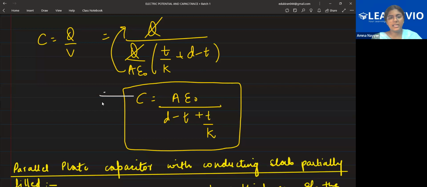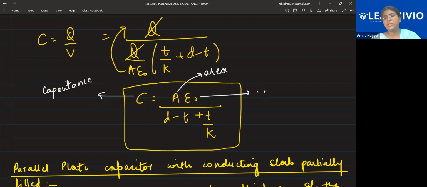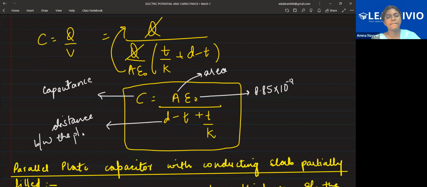What is C? C is the capacitance. What is A? A is the area. Epsilon naught, this is 8.85 into 10 to the power minus 12. D is the distance between the plates. What is T?